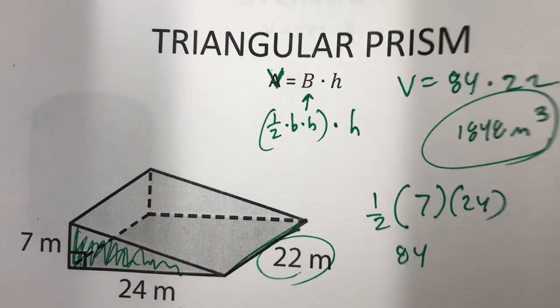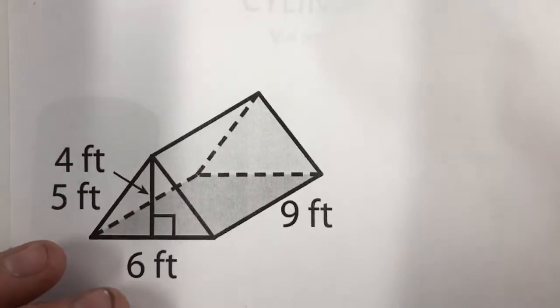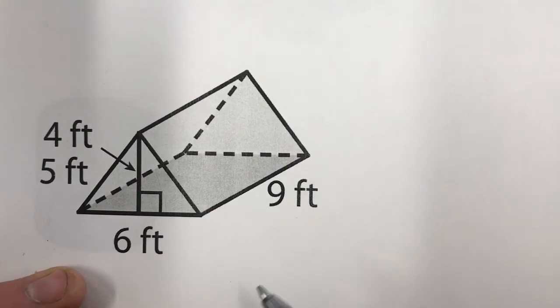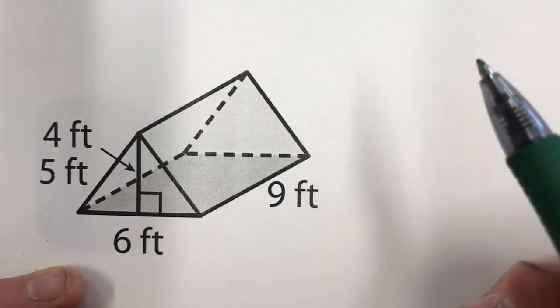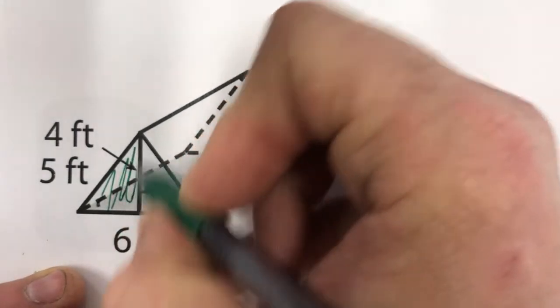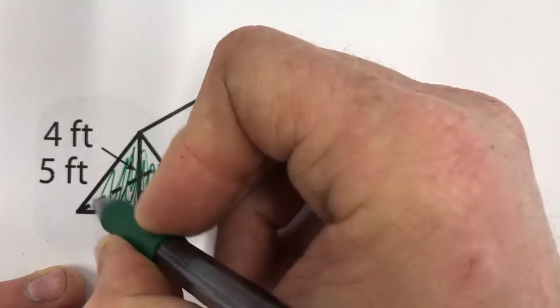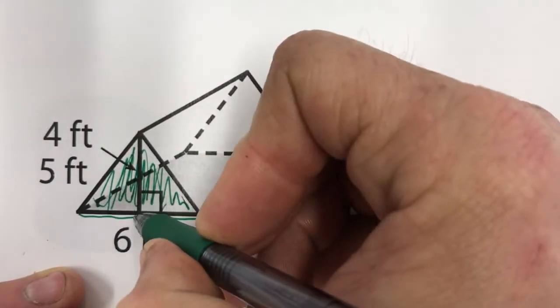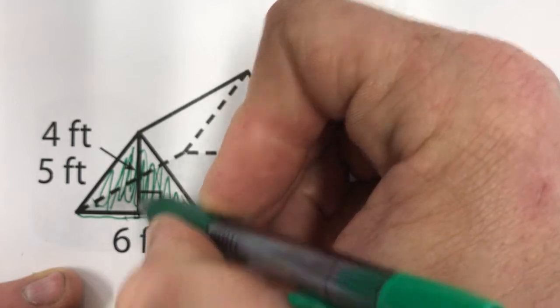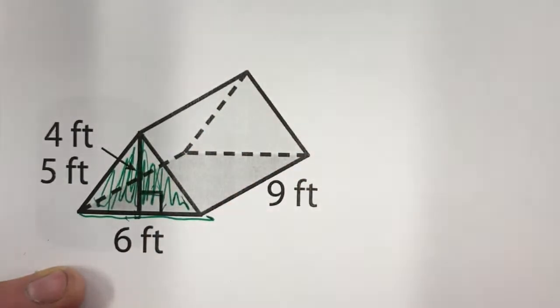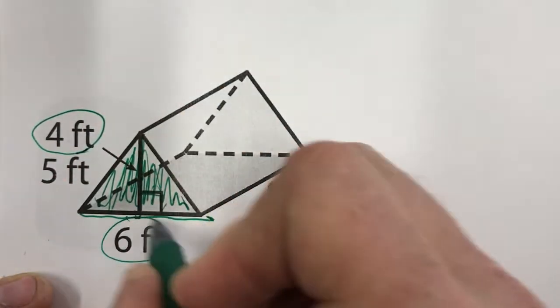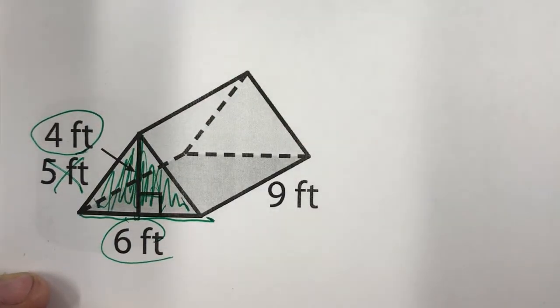Here's another one right here. Anytime you have a triangular prism, the triangle has to be the base. So here's my base, this triangle, and you can see here's my base and my height that form the right angle. That has to be your base and height. So it looks like this 4 and this 6, the 5 we're not going to use.